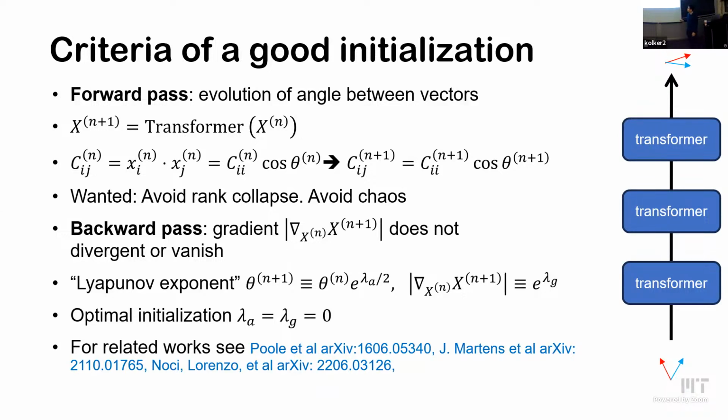You want both of them to be at the border, meaning that they almost remain the same amplitude across layers. So there are two criteria. One is that the angle theta n plus 1 is almost equal to theta n, which means that C_ij, the inner product between vectors, compared with the diagonal, the ratio cosine theta, almost remains the same. The other criterion is that the gradient will be around 1, like the determinant of the gradient being around 1. So we can define two things we call the Lyapunov exponent.